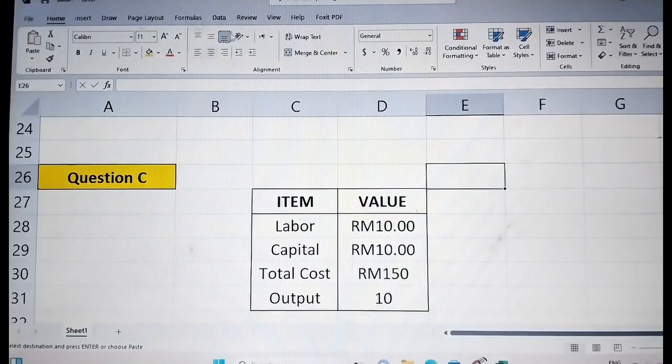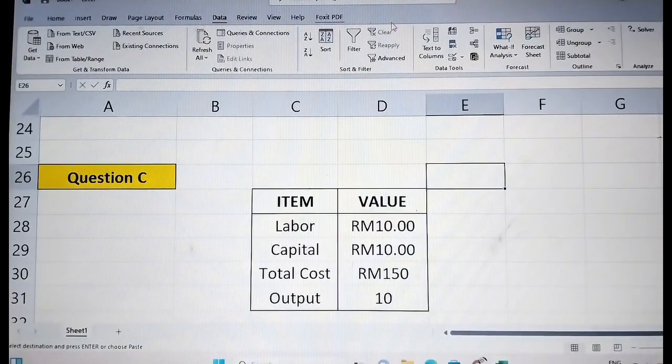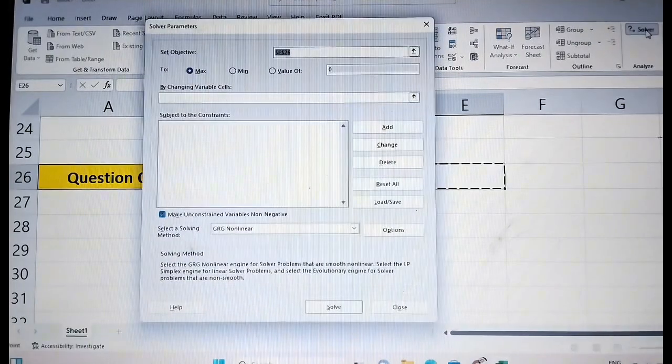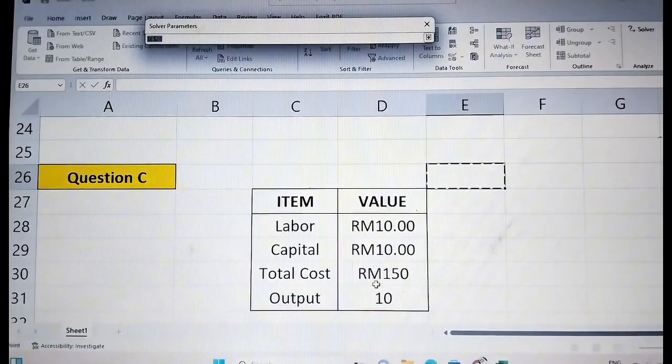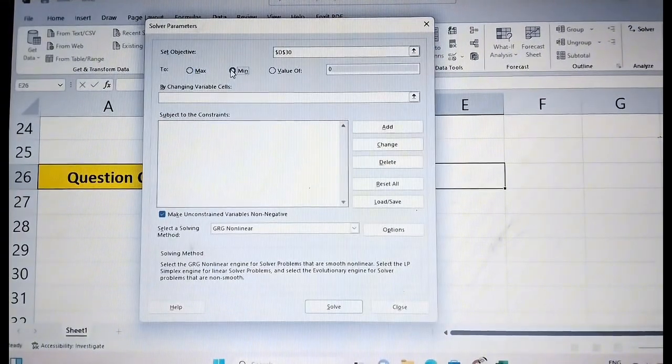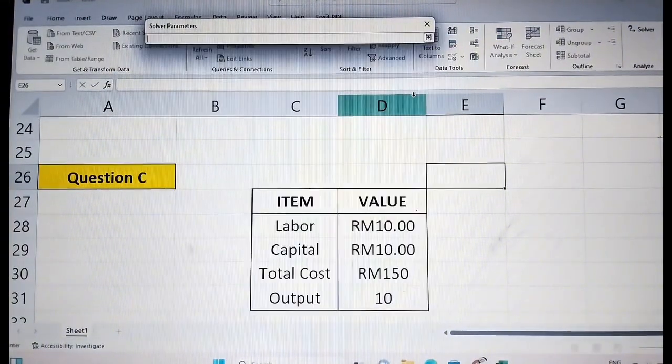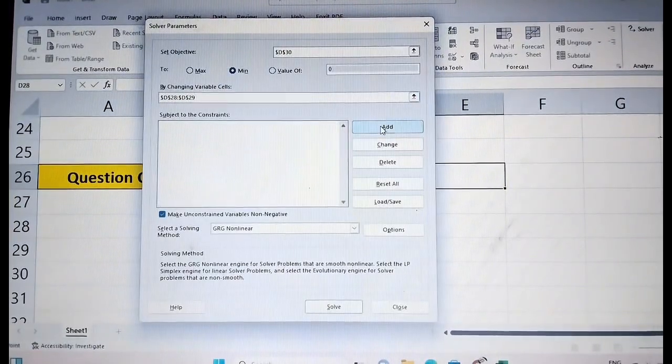After that, we open Solver from the Data tab in Excel. We set cell D31 as the objective function and selected Minimize to reduce total cost. For changing variables, we selected cells D28 and D29.